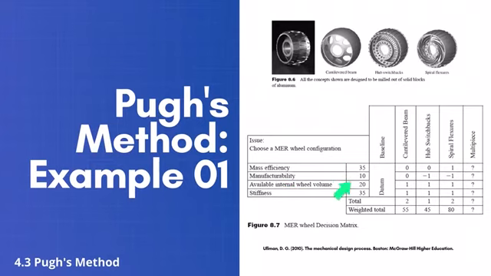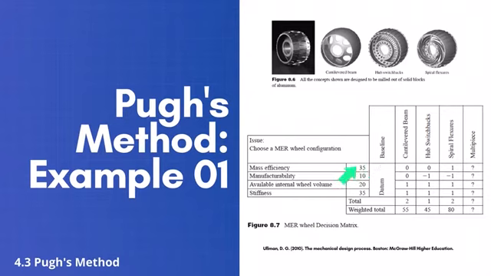As you can see here, the most important criteria are the mass efficiency and the stiffness. The middle weight is 20, which is the available internal wheel volume, and the least important, with a value of 10, is the manufacturability.